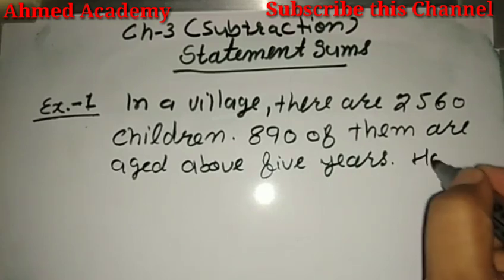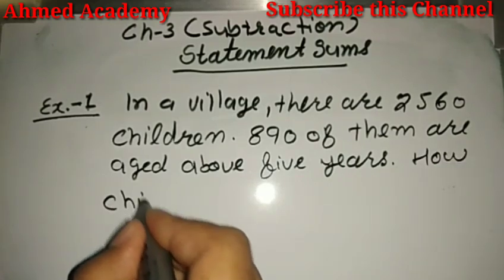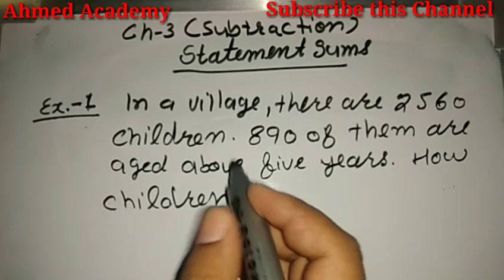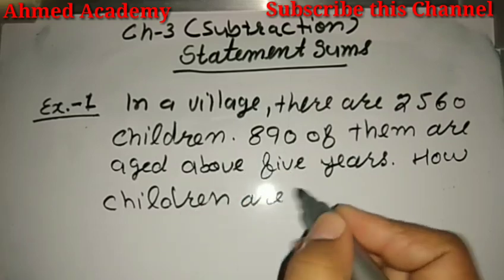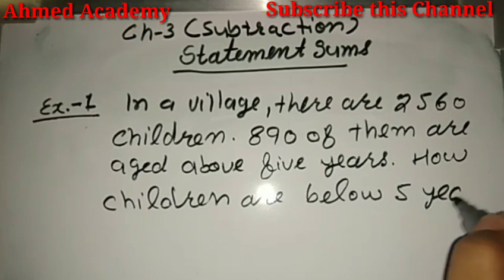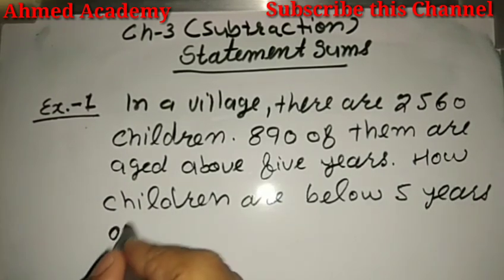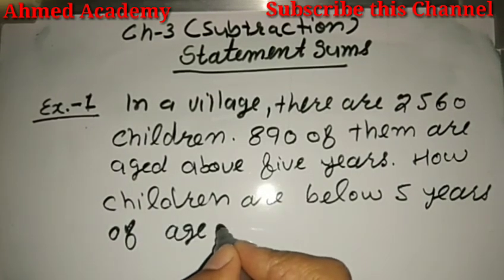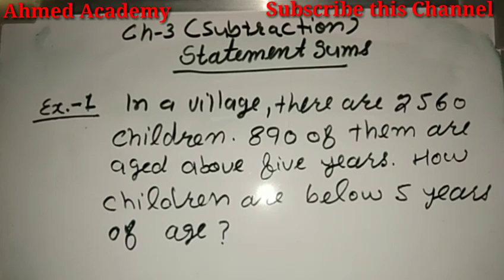How many children are below 5 years of age? So this is our first example.